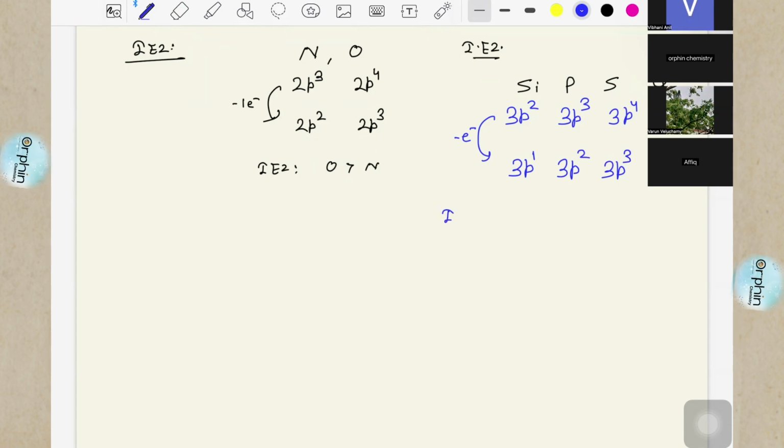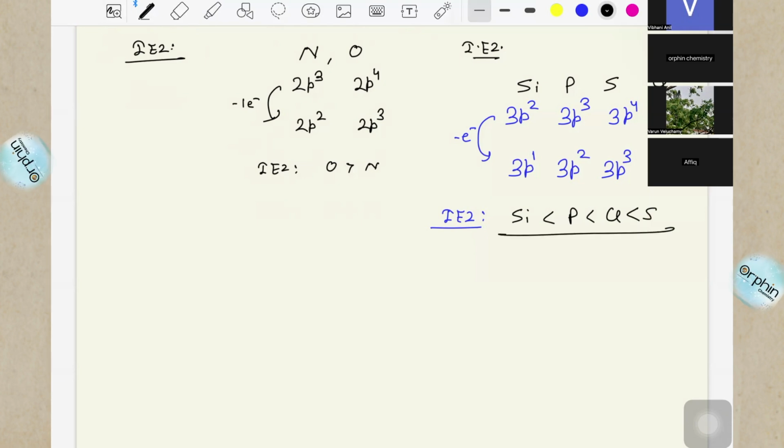So if we are comparing IE2, silicon will be lesser than phosphorus, then sulfur will become more than chlorine. This will be the order, right? Have you found the same order, everyone? Yes, sir. Varun? So the sulfur, I got confused. But now it's clear. Yes, sir. Clear. Ruba?